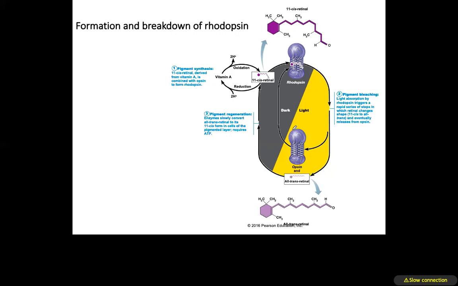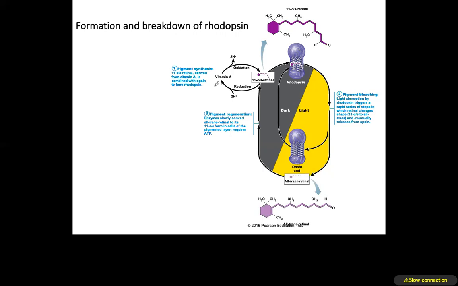Now, when the light environment is diminished, so you go back to the dark environment, your all trans retinal goes back to what? Goes back to the 11 cis. 11 cis is what you started with. So now it can again interact with your opsin unit and reform your rhodopsin.